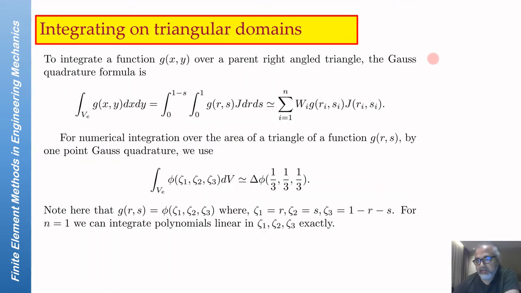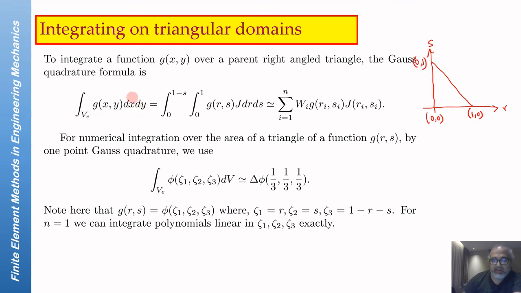Recall that for triangles, the parent is given by this right angle triangle RS, and this is the parent triangle with points given by 0, 0, 1, 0 and 0, 1. And now any function g(x,y) to integrate over dx dy with the domain VE, the domain of the physical element, if you make a change of variables to dr ds, this has to be replaced by J dr ds like in the rectangular case.